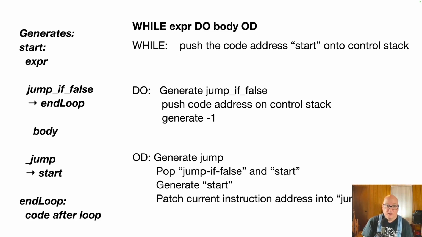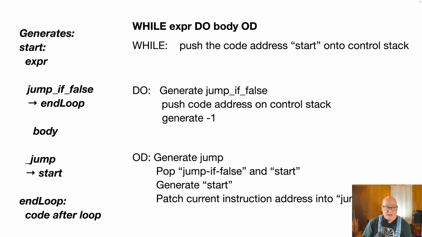The do generates the jump if false, saves the address, and then generates a -1. So the value on the control stack is the address of arrow end loop. Then we do wherever the body is, and then the od generates a jump. So the end of a while loop just jumps back to the top, and we're going to take two values off the stack because we've got to patch two places.